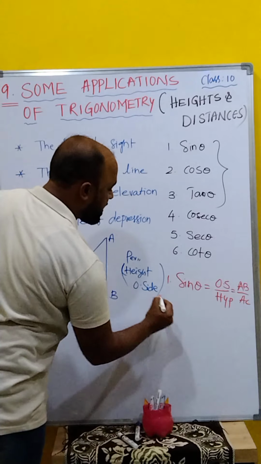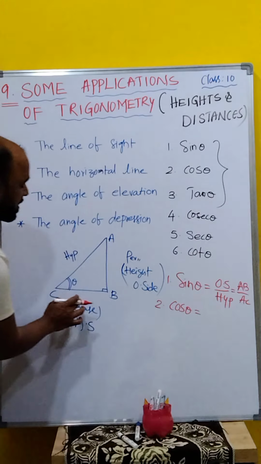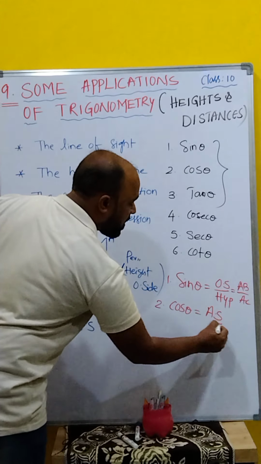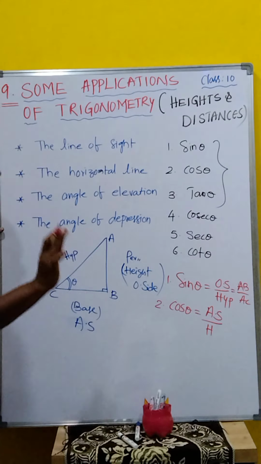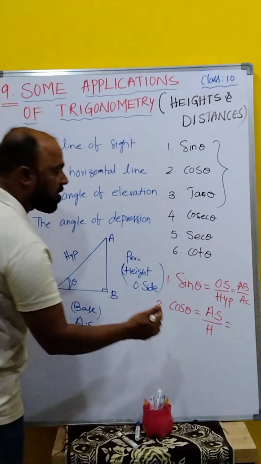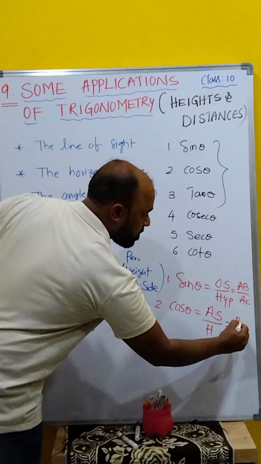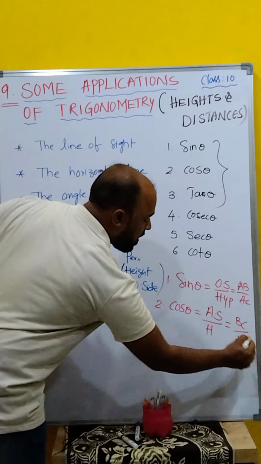Now go for the second one, cos theta. Cos theta is equal to adjacent side, or base, AS divided by hypotenuse. I am writing hypotenuse as H. What is the adjacent side in the triangle? BC. So BC by AC.